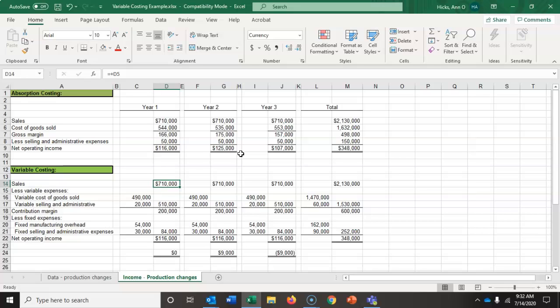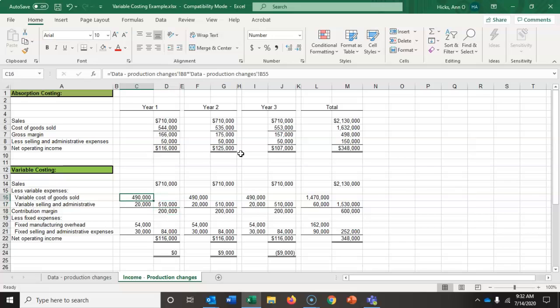Now let's look at year one variable costing. Sales are the same. That's not affected at all. Variable expenses. Now notice, first of all, we're switching our format because the variable costing income statement is strictly focused on identifying the difference between variable and fixed costs. We're actually going to use the contribution margin format for a variable costing income statement.